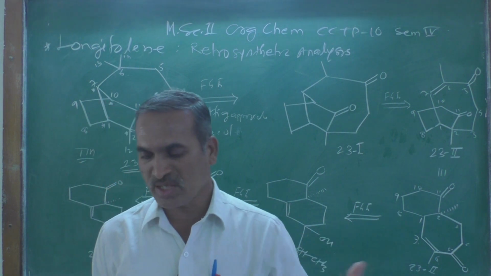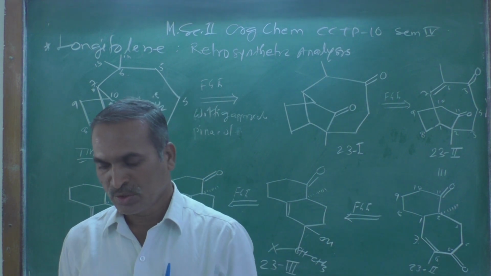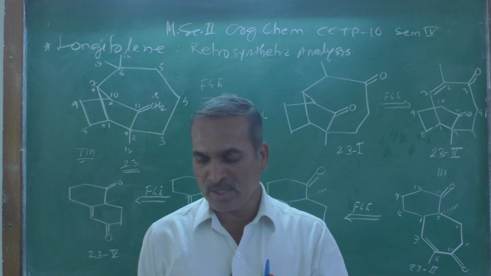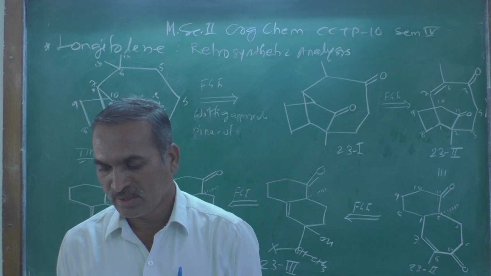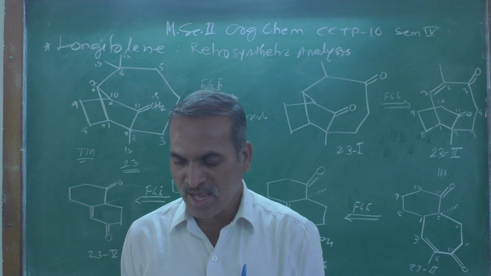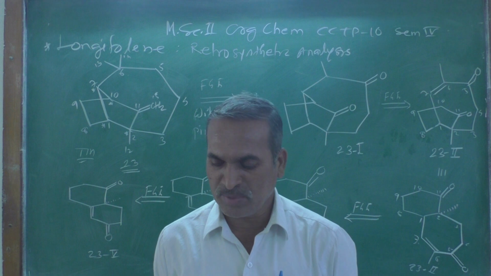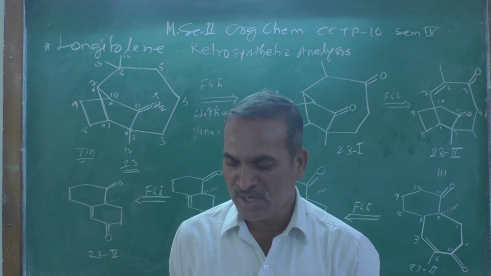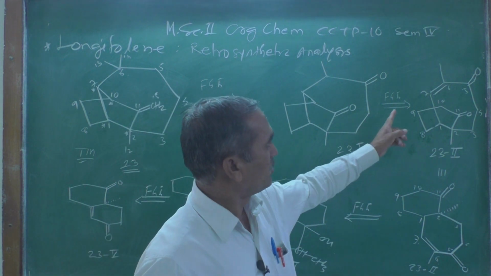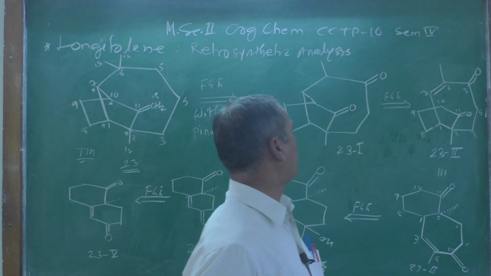And for this disconnection to correspond to a reasonable synthetic step, the functionality in the intermediate to be cyclized must engender mutual reactivity between C7 and C10. C7 and C10 we have broken from here.